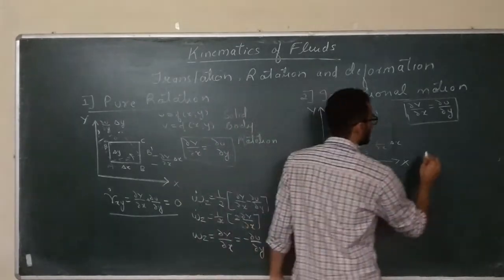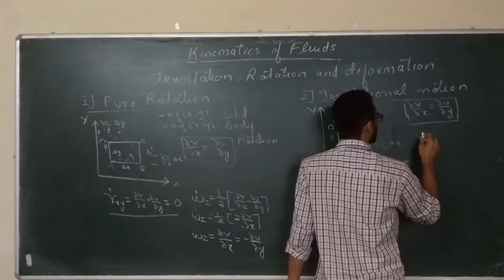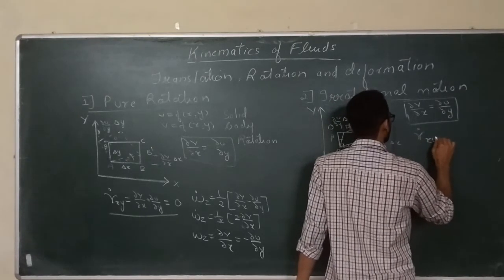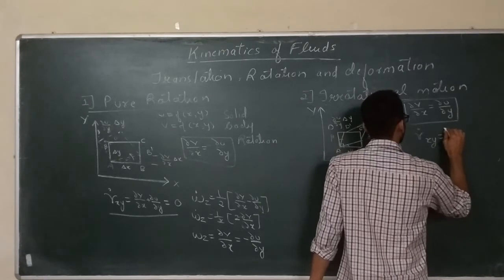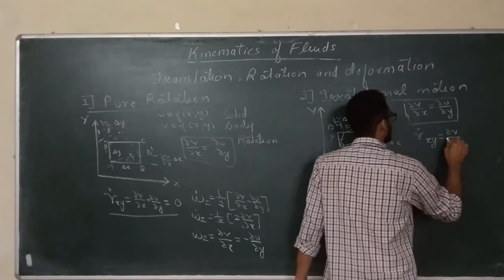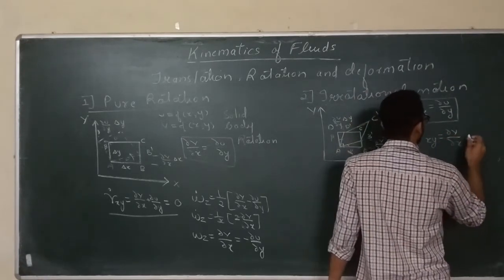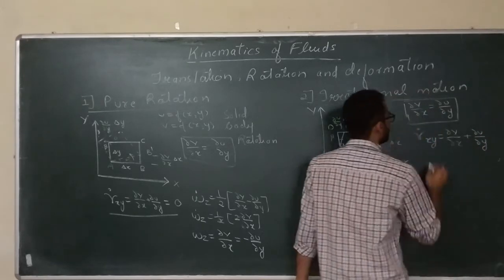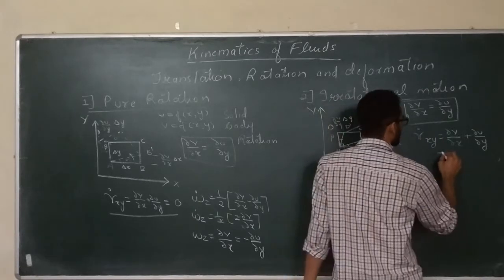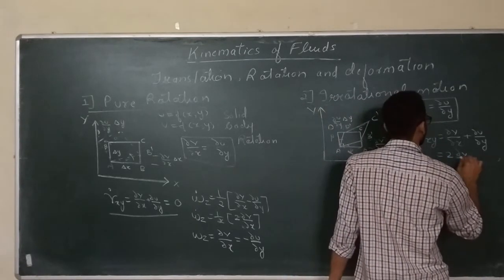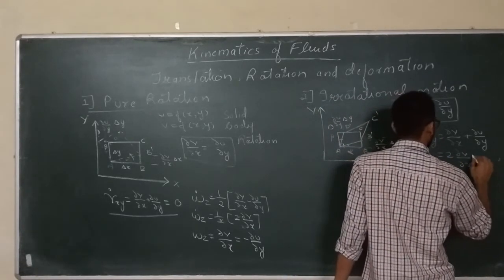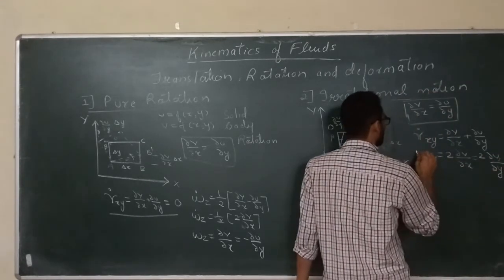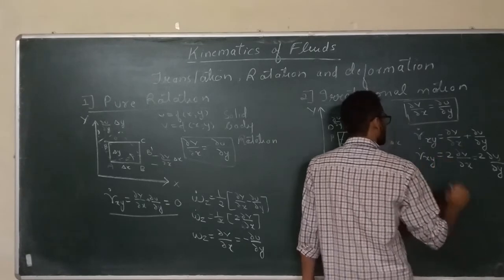How? See, if you calculate the rate of shear deformation, it would be gamma xy. That will be del v by del x plus del u by del y. Both of these quantities are the same. That's why you will get twice del v by del x or twice del u by del y. This is the value of gamma xy.